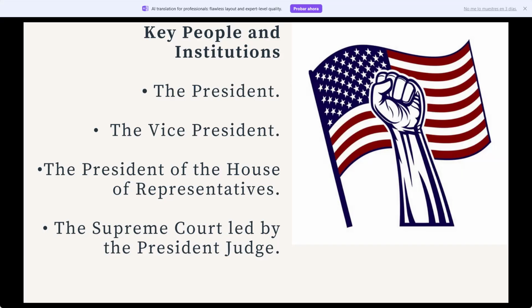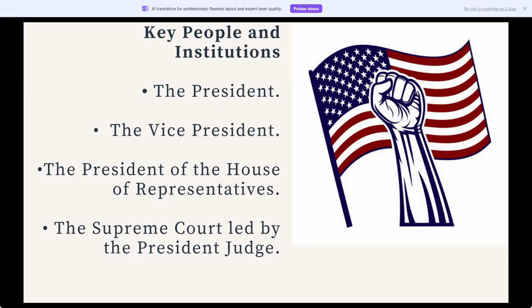Key people and institutions. Here are some important people and institutions in the US government. The president, who leads the executive branch, and the vice president, who supports the president and presides over the Senate.